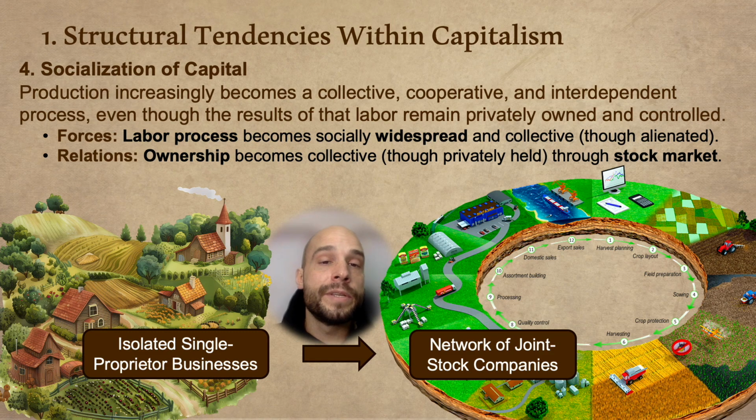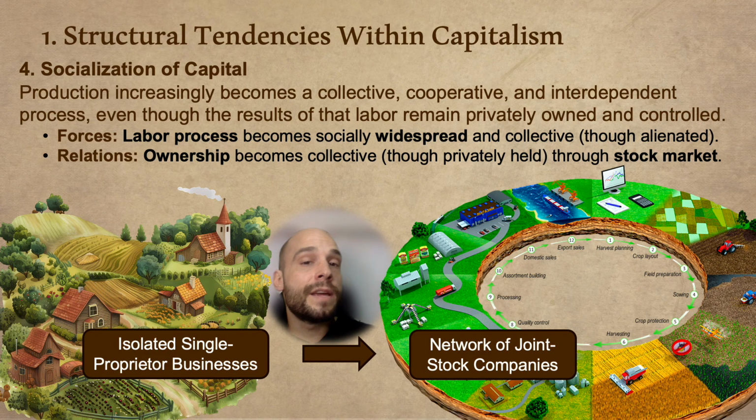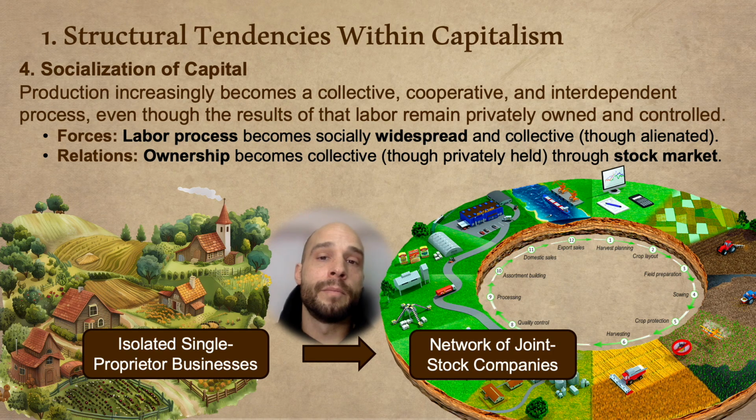Capital is increasingly pooled and socially distributed in form, even as effective control remains concentrated in the hands of a relatively small capitalist class. A vast network of workers cooperate to produce social wealth, yet decisions about investment, production, and distribution are still privately made. This contradiction between forces and relations is decisive for Marx and central to Avineri's reading.